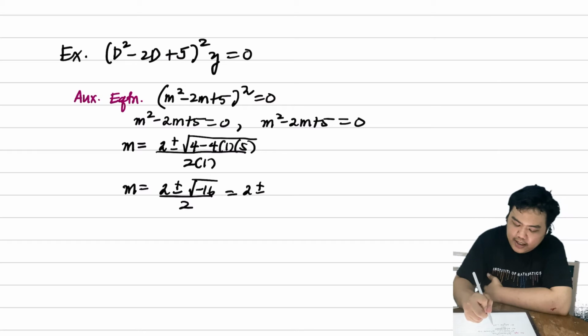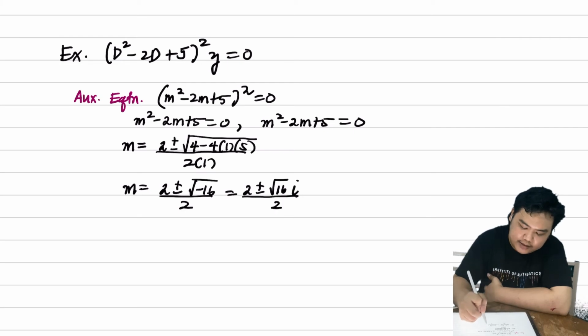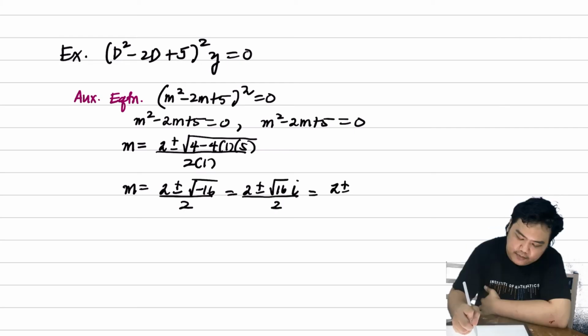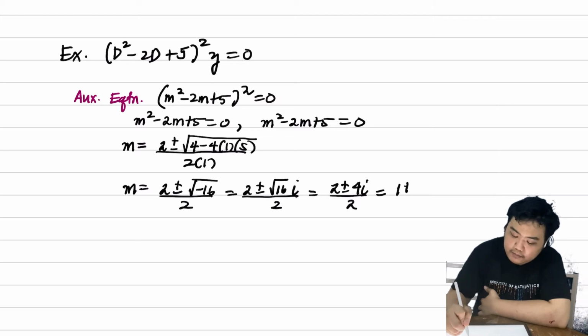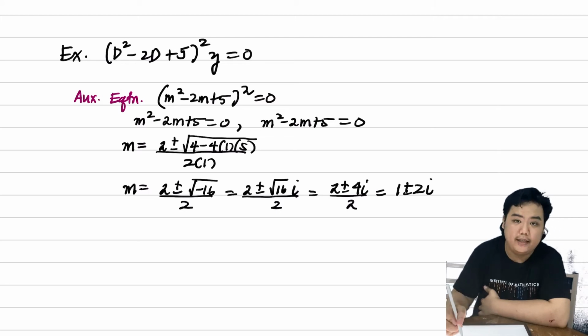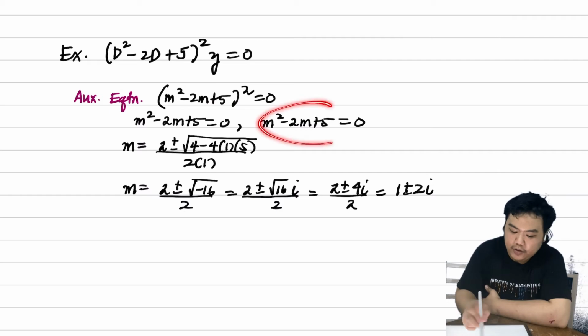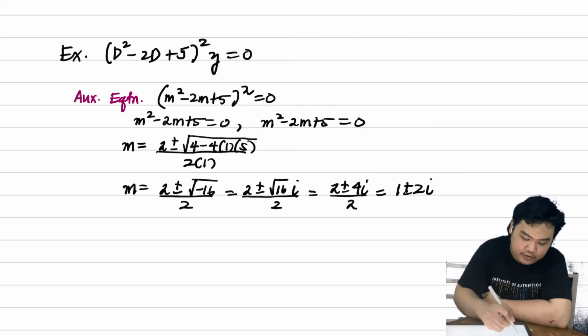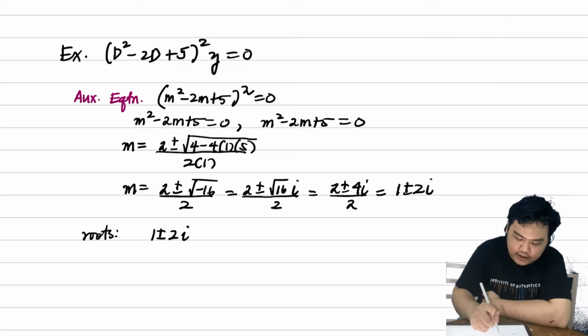Square root ko, alisin mo yung negative, dun sa square root ng negative 16, maging square root ng 16, maglalagay ka ng i sa labas. So, 2 plus minus 4i over 2 equal to 1 plus minus 2i, right? So, kapag kinompute mo to, ito rin ang lalabas. So, ano yung mga roots mo? So, 1 plus minus 2i, tsaka 1 plus minus 2i.